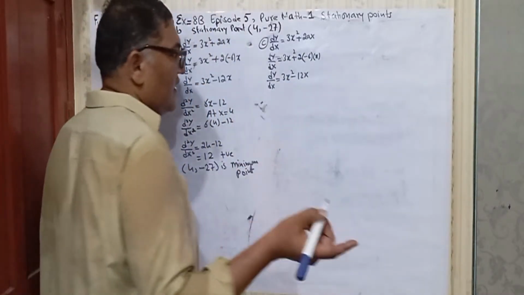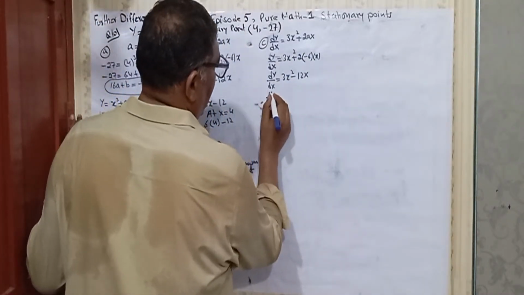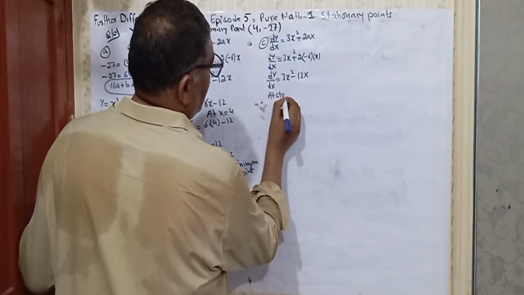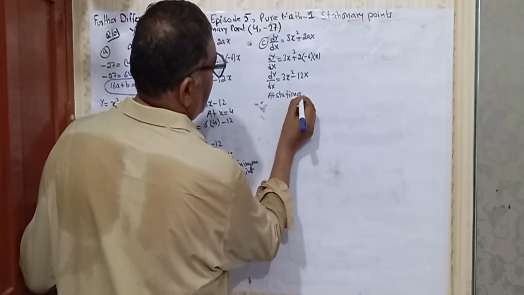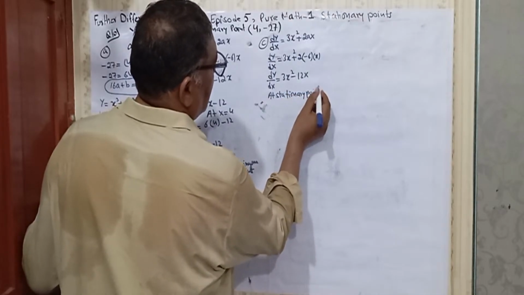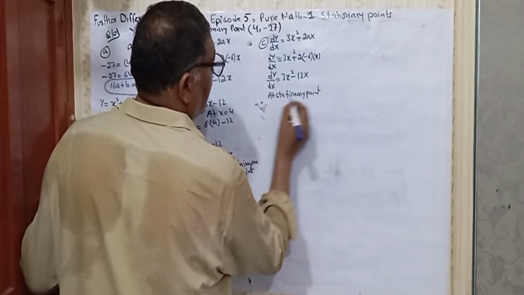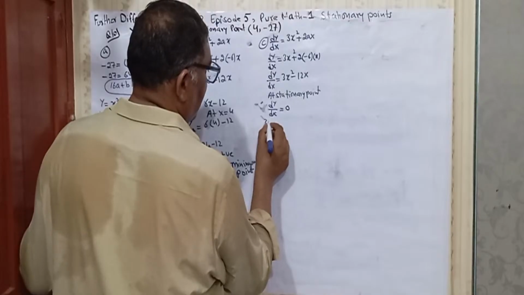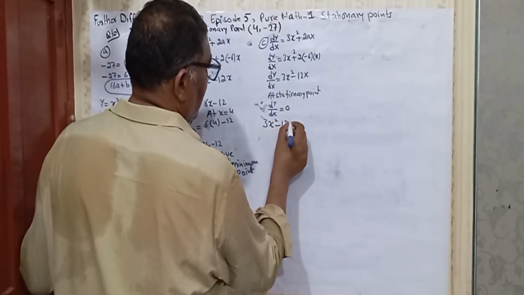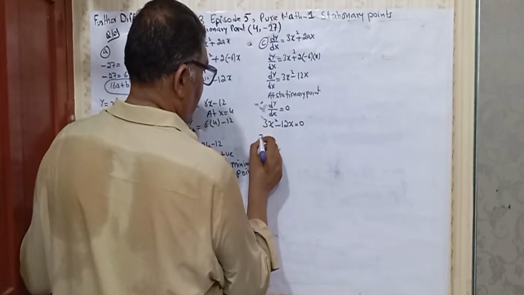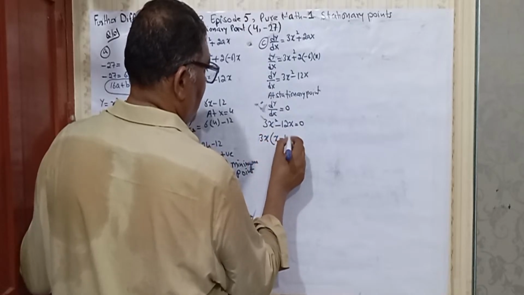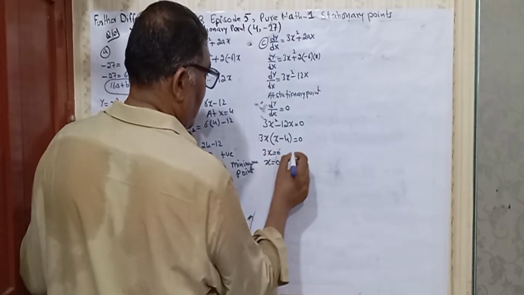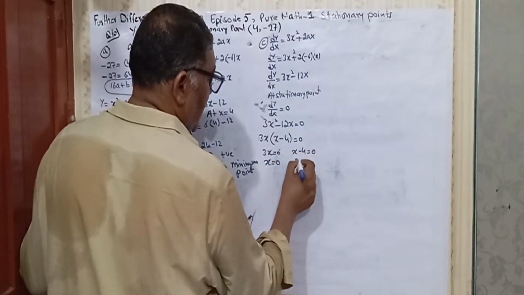Because I want to find the other stationary point, at the stationary point dy by dx will be equal to 0. So let's make 3x squared minus 12x equal to 0. Take 3x common, so you will have x minus 4 equal to 0. One value will be x equal to 0, the other value will be 4.